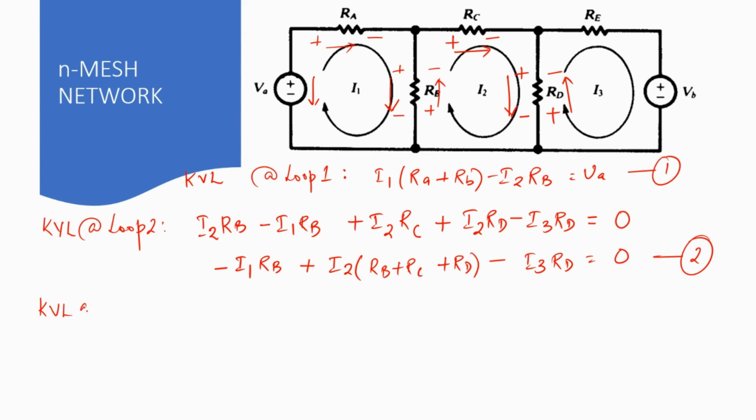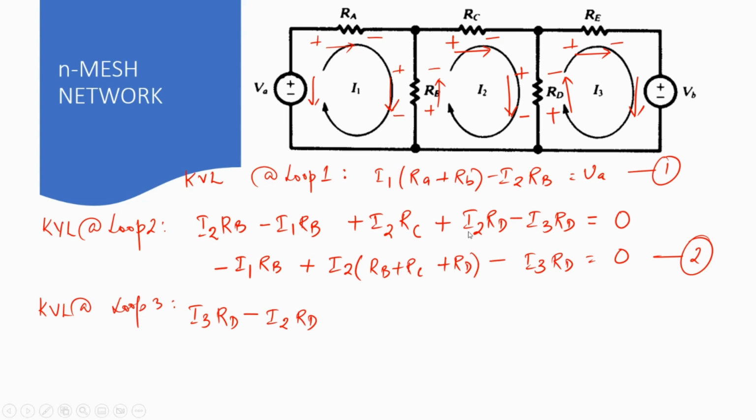So when I apply KVL at loop 3, what do I get? Again, let me mark the directions of the voltages as plus, minus, and this is already marked. So this would be my drop in this manner. Here we get I3 RD, considering the direction of I3 to be positive because we are looking at loop 3. Then minus I2 RD, because the direction of I2 opposes the direction of I3.